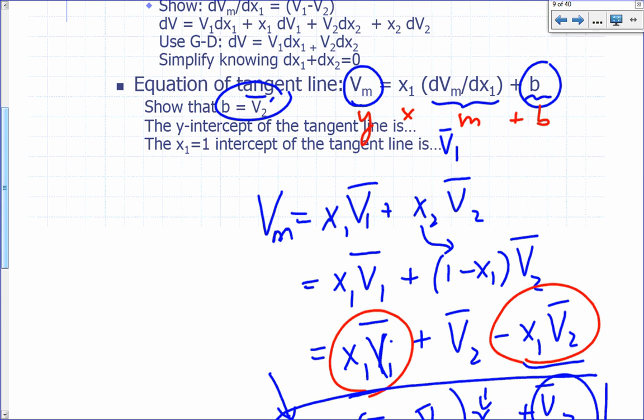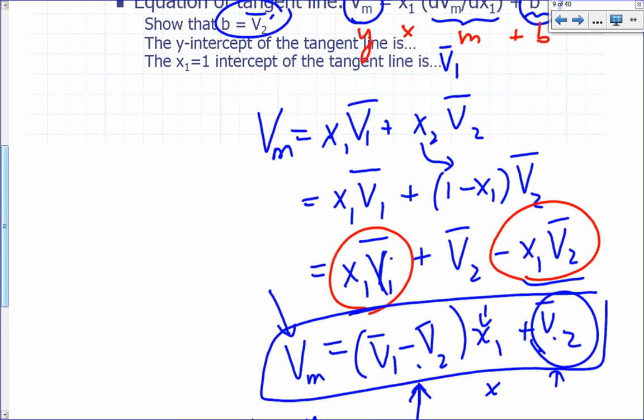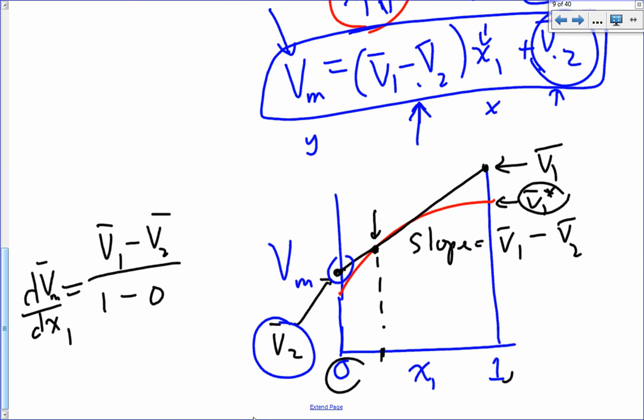So the bottom line is, if you plot molar volume versus mole fraction of component 1, at x1 equals 0 your tangent line will cross your Vm axis at V2 bar, and at x1 equals 1 the value of your tangent line would be equal to V1 bar. So that's why it's called the method of intercepts.